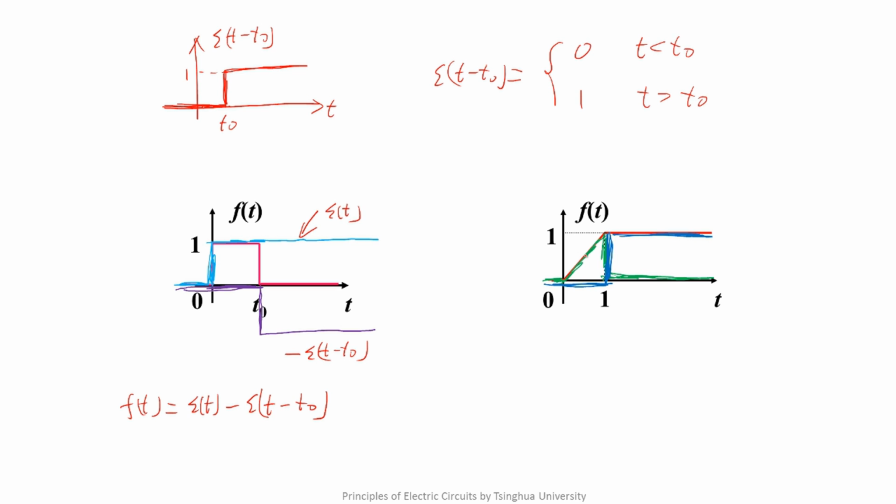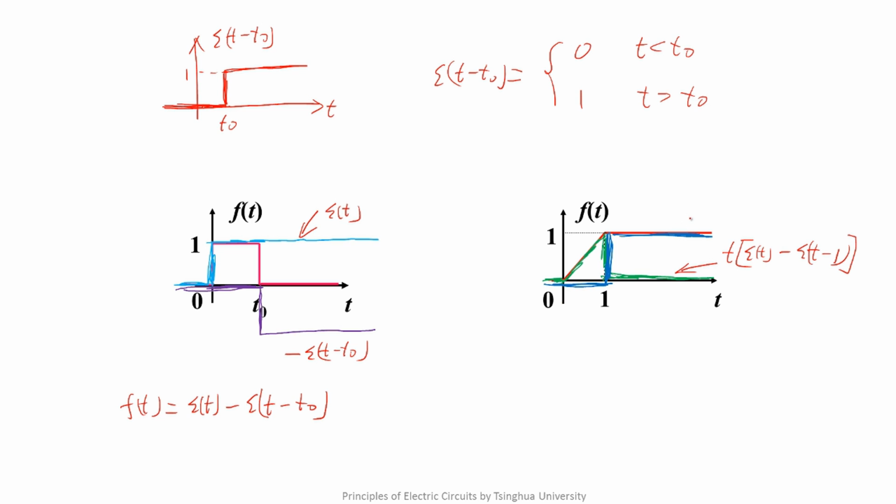What's the function in the green line? It just equals the function on the left times t. So according to the left expression, we know the function in the green line equals t times epsilon t minus t epsilon t minus 1. t0 is just 1 here.